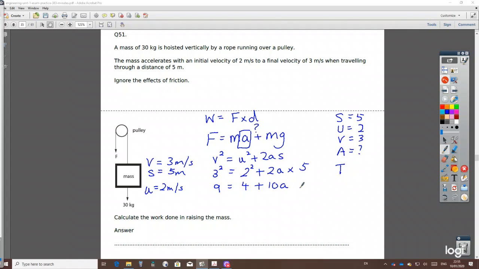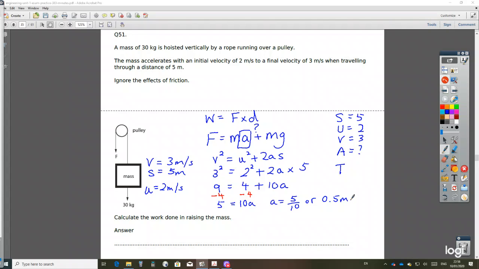This is just a simple linear equation to solve. I think all of you at this stage in year 12 should find this quite straightforward. So let's take away 4 on both sides. That leaves me with 5 equals 10a. So acceleration is 5 over 10, or a half, meters per second squared.